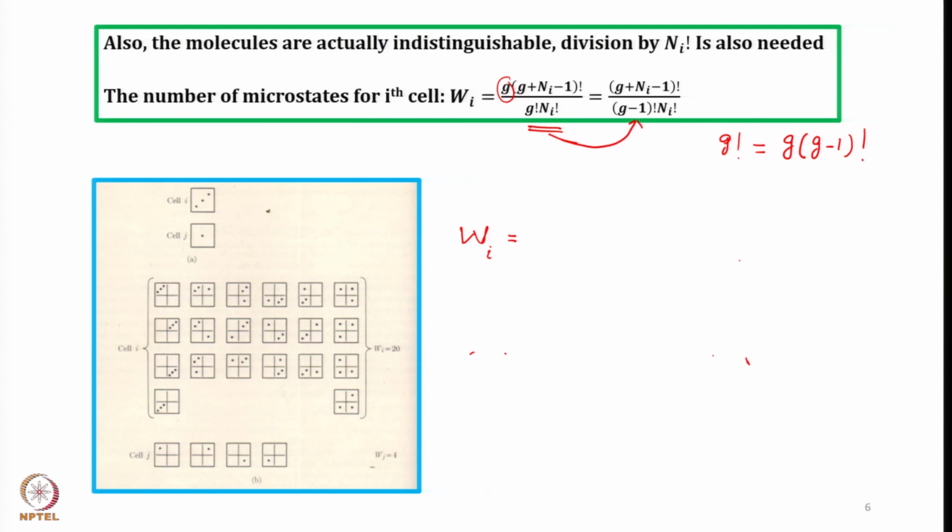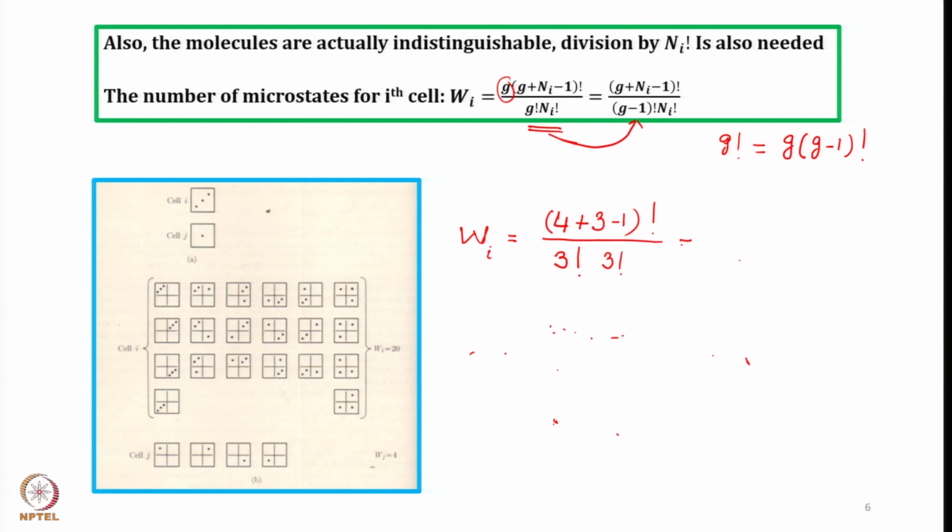G here is 4, so I'll write G is equal to 4, plus Ni, Ni is equal to 3 over here, minus 1 factorial, over (G minus 1), G is 4, 4 minus 1 is 3, 3 factorial into Ni factorial. Ni is 3.